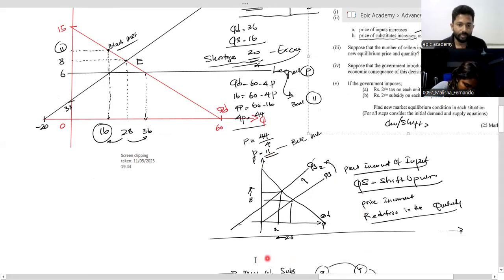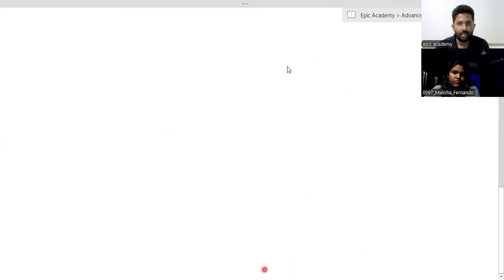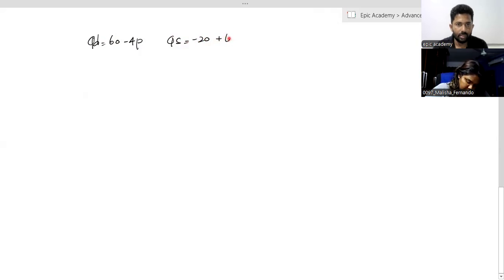They're asking to calculate the tax. Okay, I will do that one. Here, QD equals 60 minus 4P and QS equals minus 20 plus 6P.